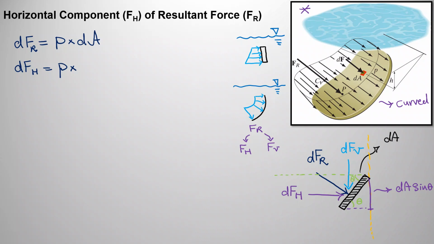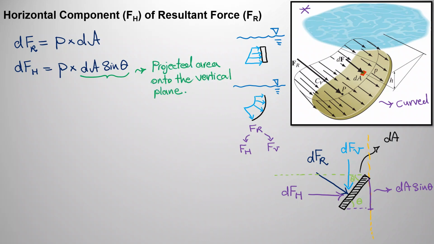Perfect. Now, so instead of dA, I can write dA sine of theta. And to make it actually super clear for you, I'm going to define this dA sine theta as projected area onto the vertical plane.